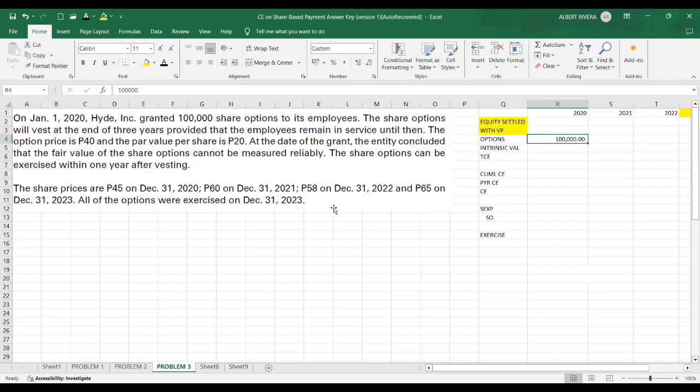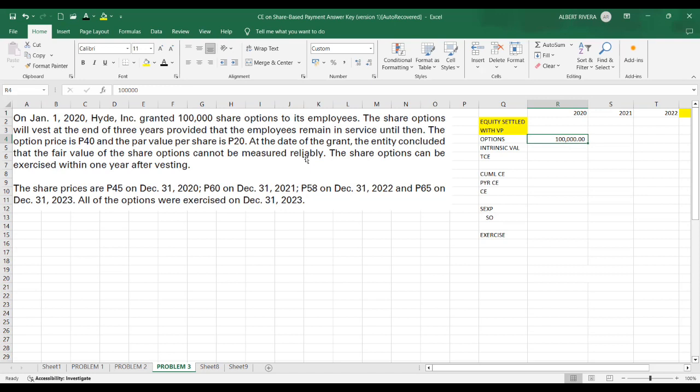So here, it says that at the date of grant, the entity concluded that the fair value of the share options cannot be measured reliably. Meaning, we will now be using the intrinsic value because walang fair value of the options at the date of grant.